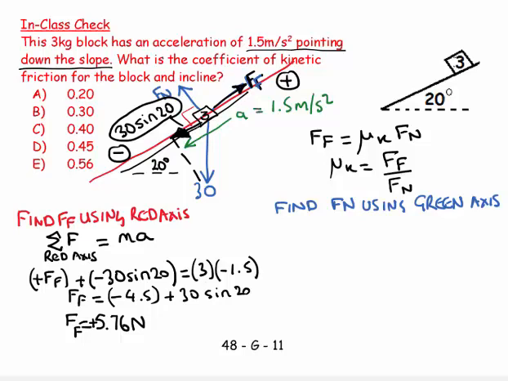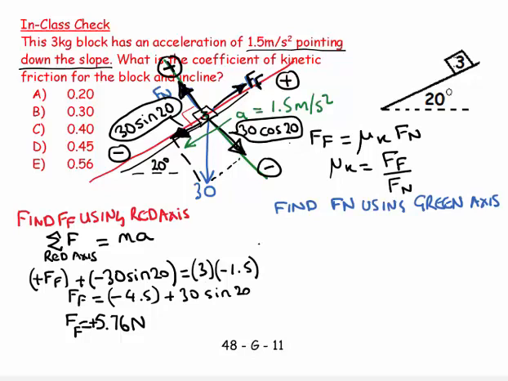So I'm going to do the green axis, which is there, and for that I need to resolve my forces, and so I get this force here, which is 30 cosine 20, and of course we have Fn, which is along the line, and we'll make this side positive and this side negative.